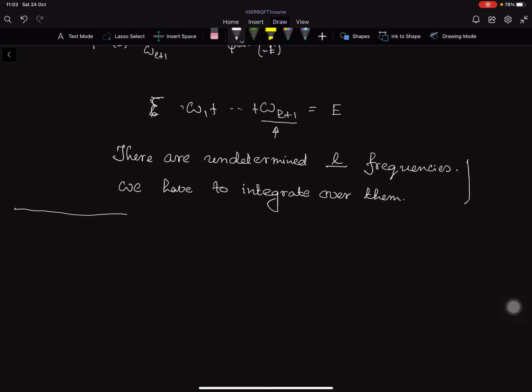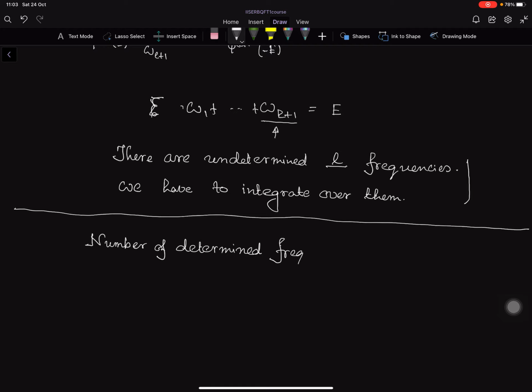Now let me introduce one important terminology. Usually in quantum field theory we say that the number of undetermined frequencies is equal to the number of loops.